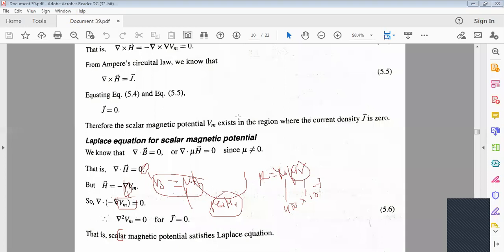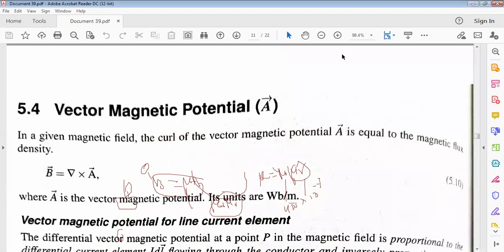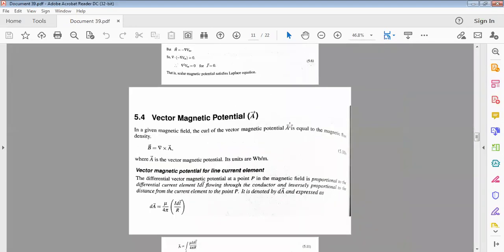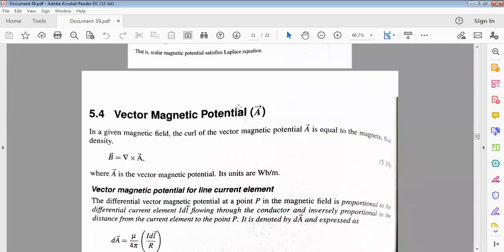Similarly, the next concept is vector magnetic potential, and this is much important. See here, vector magnetic potential A. What is the scalar magnetic potential?